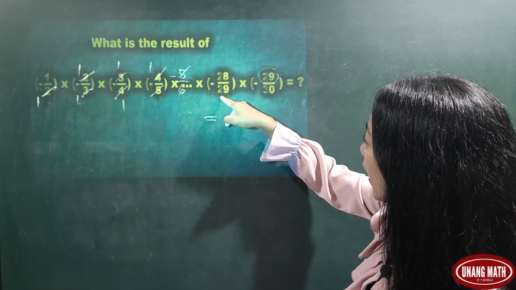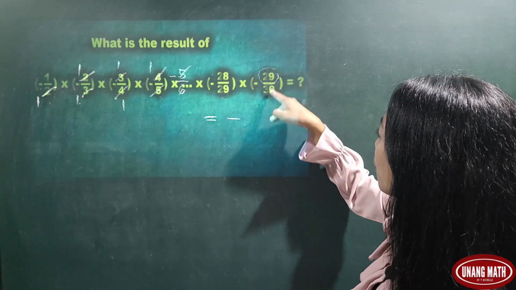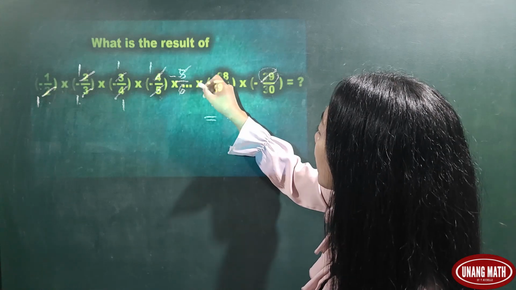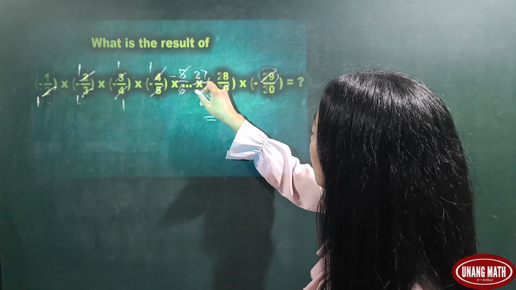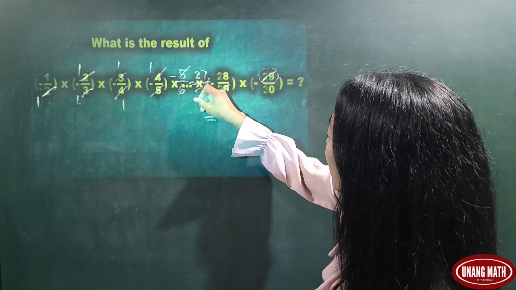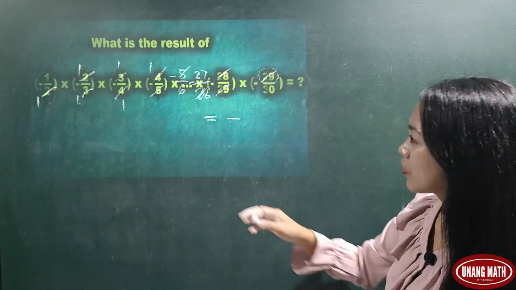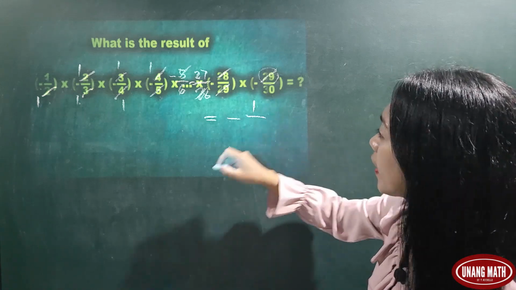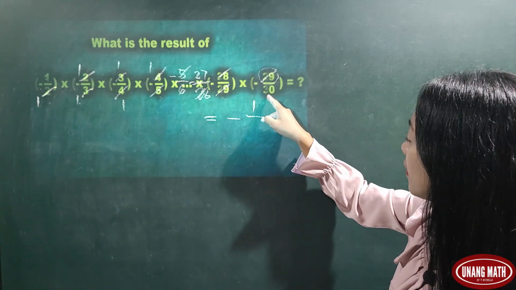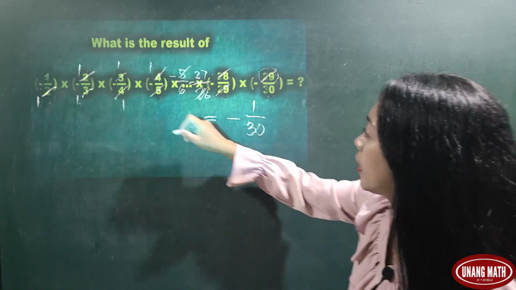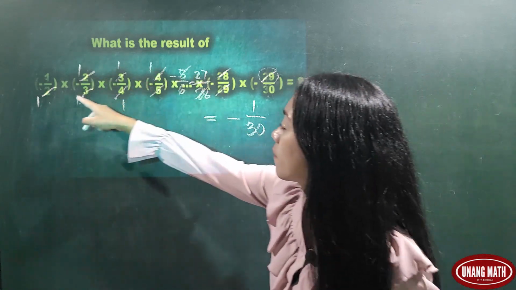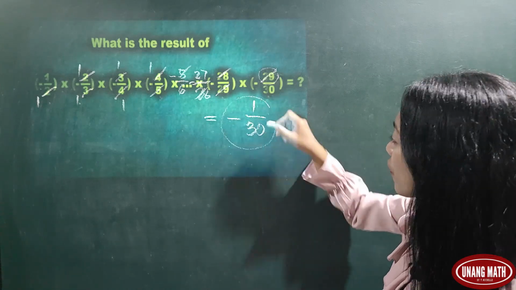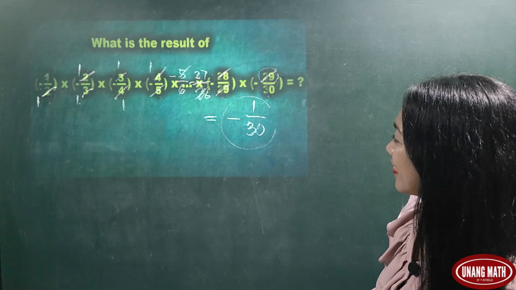And then negative 28 over 29, negative 29 over 30, we can simplify this one. The next number here is 27 over 28, this is negative, we can simplify this one. So we have here the numerator is 1 and the denominator is 30, because all these numbers are already 1. So we have negative 1 over 30.